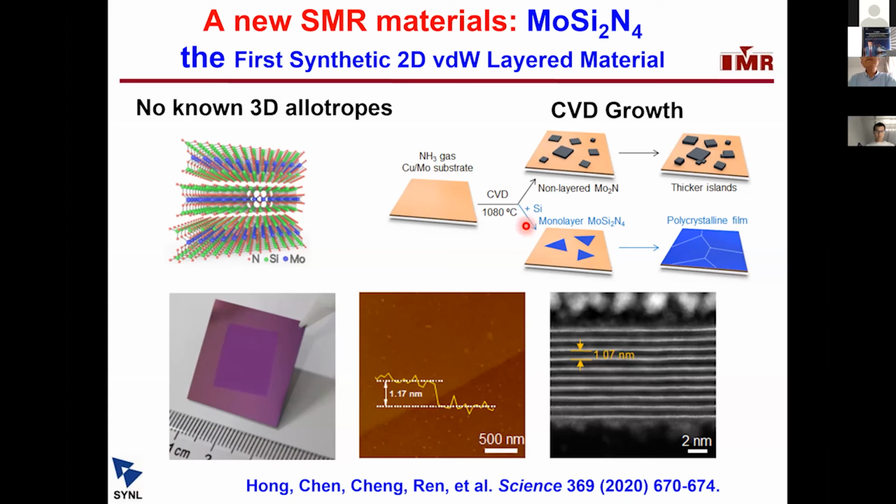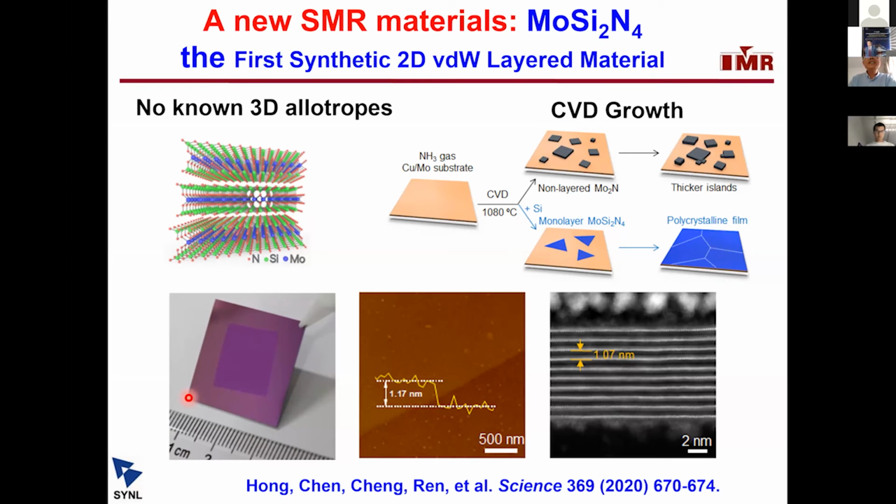Interestingly, if we don't use silicon, we can only get this non-layered molybdenum nitride, which forms islands on the substrate. However, if we add silicon, we can get a monolayer molybdenum silicon nitride, which shows a very nice polycrystalline and continuous thin film, as I show you here.